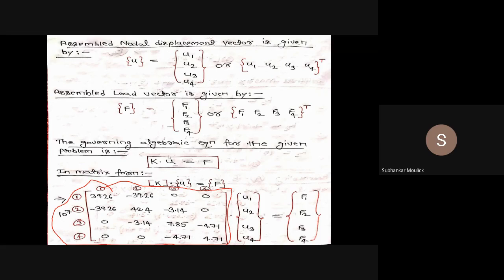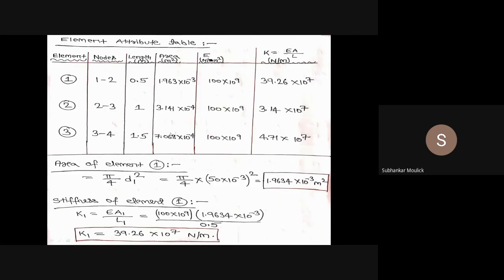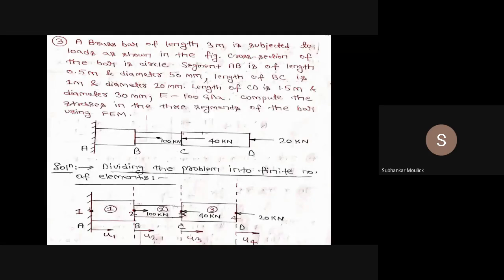Similarly, if I talk about the assembled load vector, since four nodes are present, let us assume that each node is subjected to some axial force. Assume that the force acting at node 1 is F1.